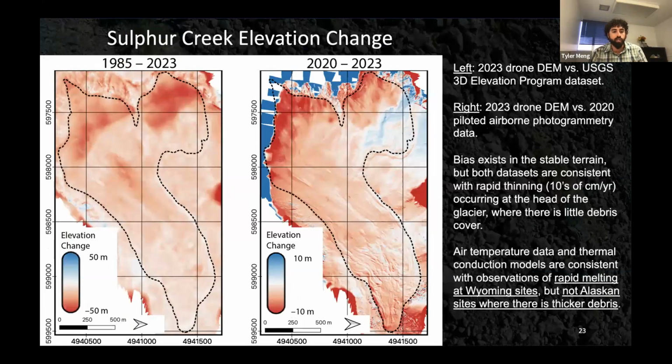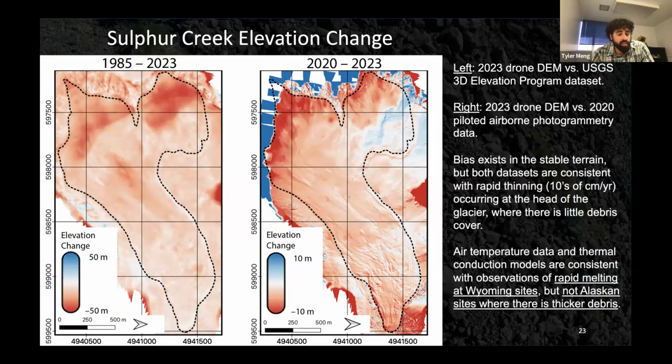And then to use the same method over at Sulphur Creek, we leveraged a DEM from the USGS that comes from this 1985 topography data set. And then we also are able to do a shorter time interval change between 2020 and 2023.